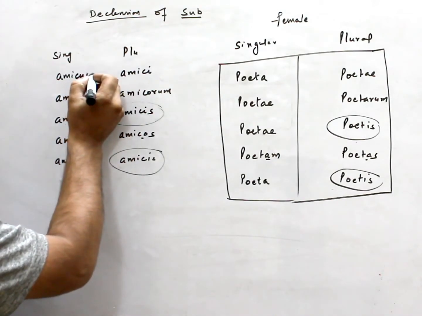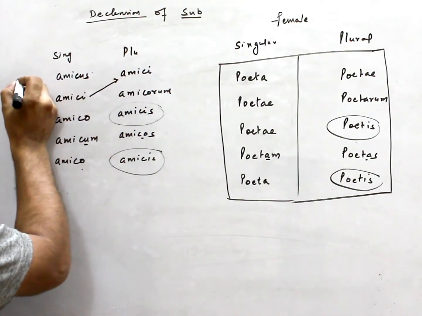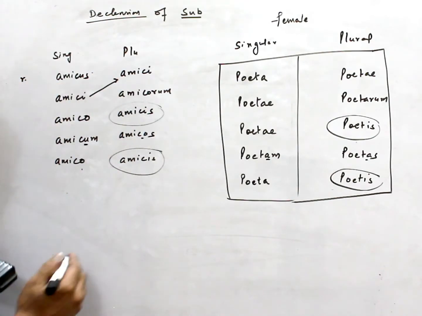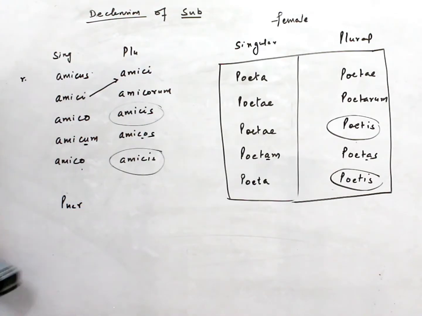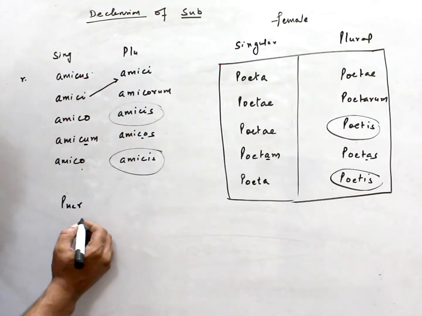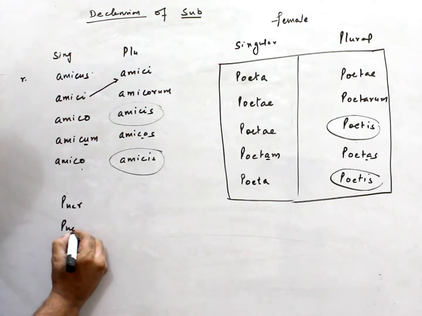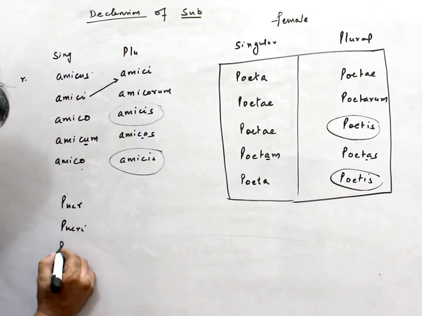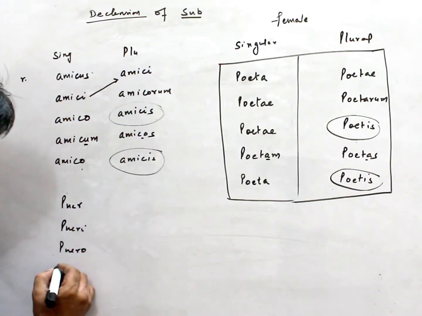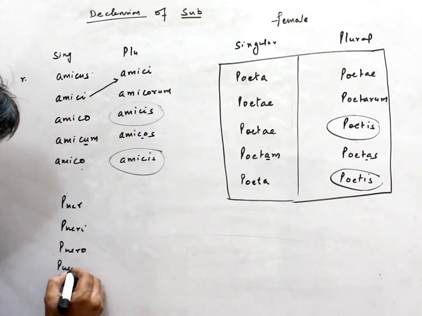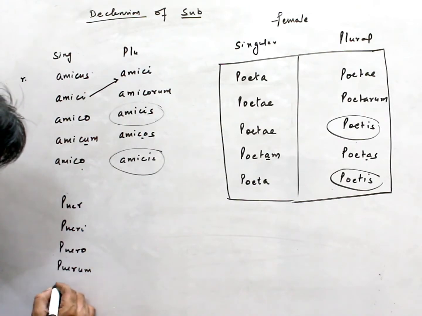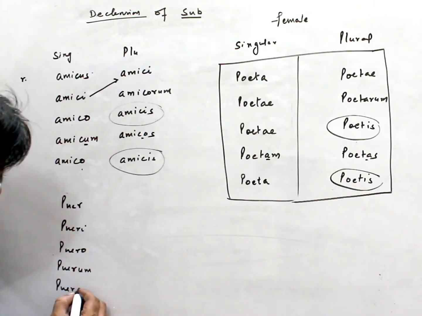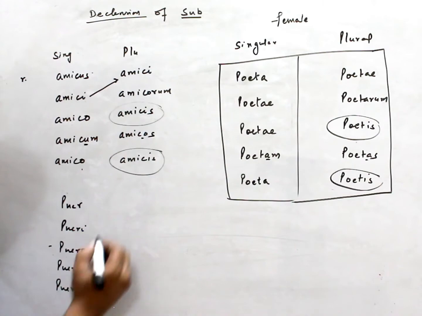If R is the last letter, then it is also the same, like if I say puer, this is boy. So pueri, puero, puerum, these are the same.